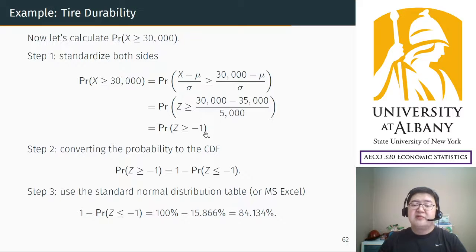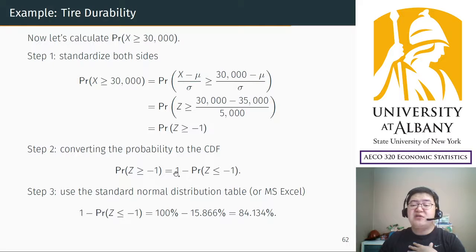That's nice, but this probability is not a cumulative probability. Cumulative probability is probability smaller than something, but we have probability greater than something. So we need an additional step to convert this probability into a CDF, into the cumulative distribution.